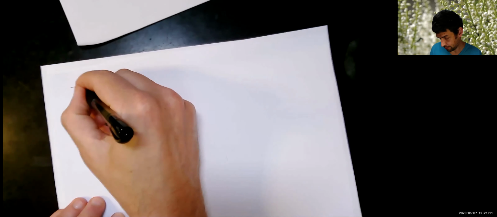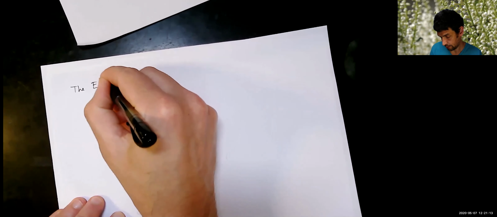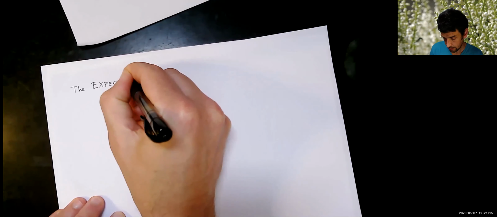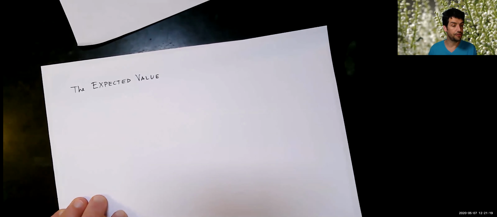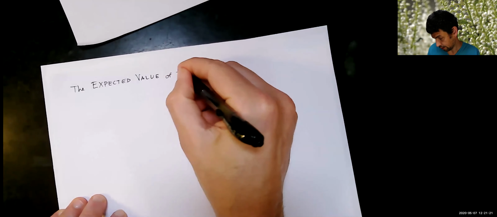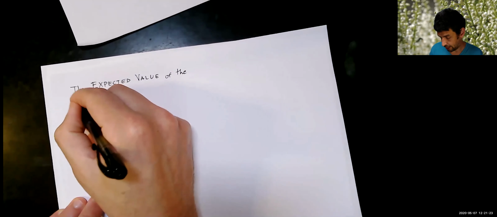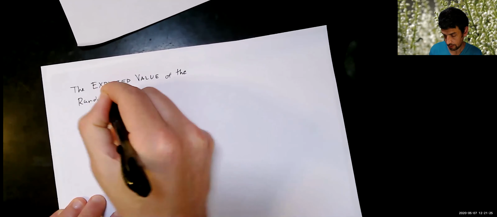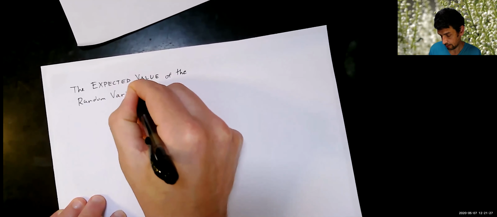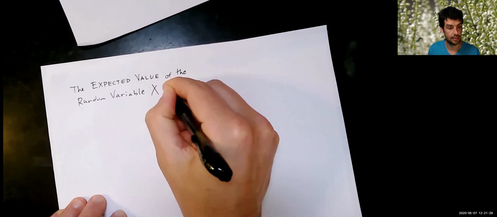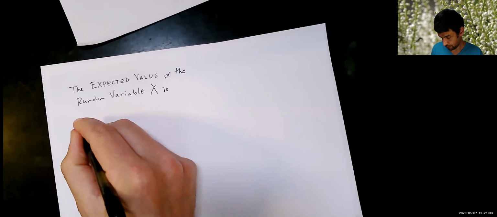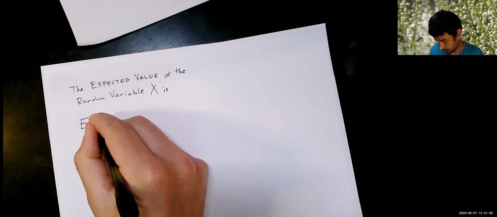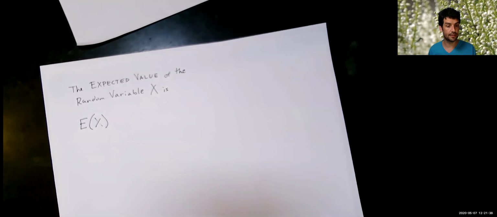We will say the expected value of the random variable x is, so we use a symbol E of x.